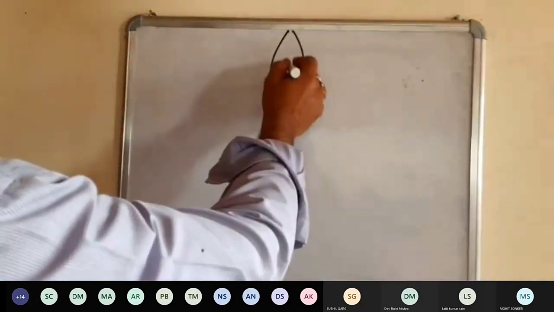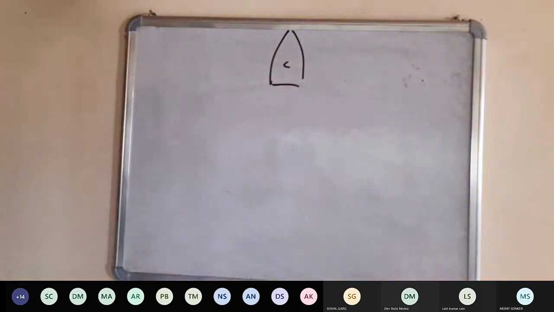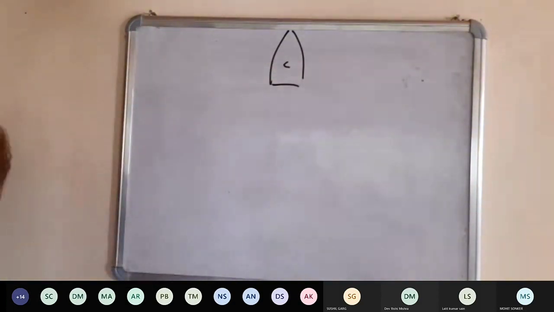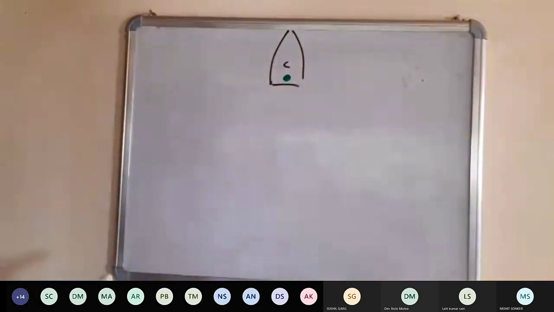Given the induction, let us say a pole is developing at the aft of, what? Aft of, one second. A blue pole is developing at aft of this.